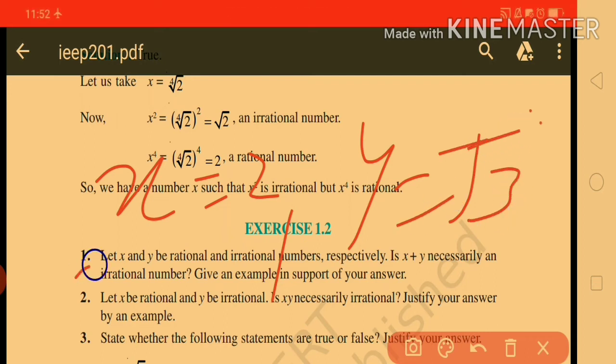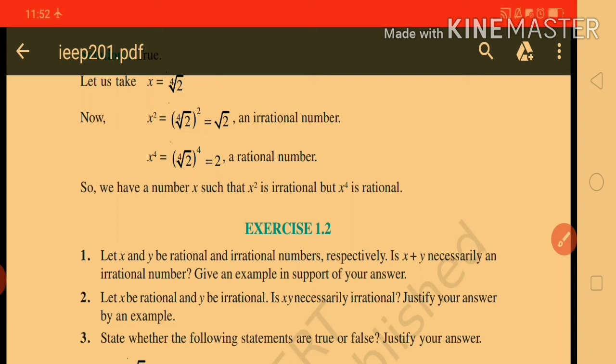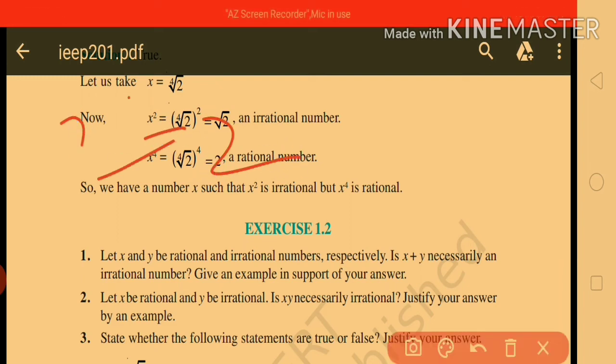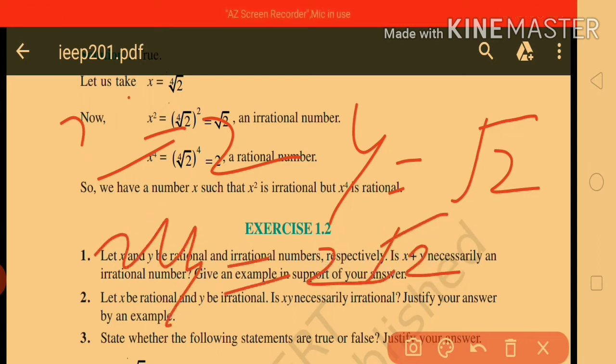So let us find xy. This is equal to 2 root 3, which is irrational. But in some case if I take x as 2, a rational number, and y as root 2, an irrational number, if you multiply them, xy equals 2 root 2, that is again an irrational number.